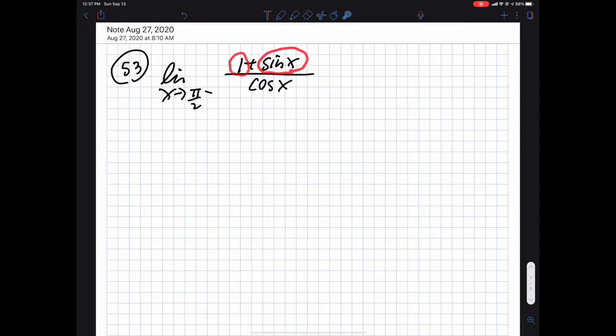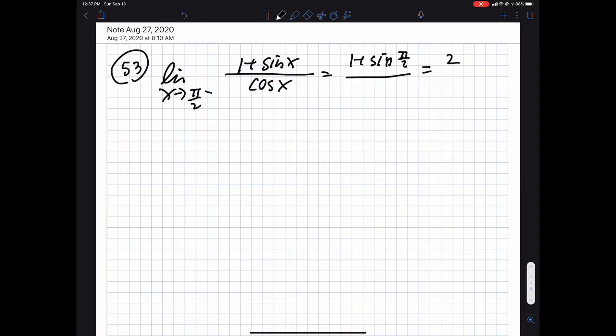Sine we know is continuous because we have the theorem. And if we add two continuous functions, that function will be continuous. So we know the top is continuous. And if you want to find the limit of a continuous function, because of the definition of continuity, the limit must equal the value at the point. So the top would just be 1 plus sine pi over 2, which is 2.